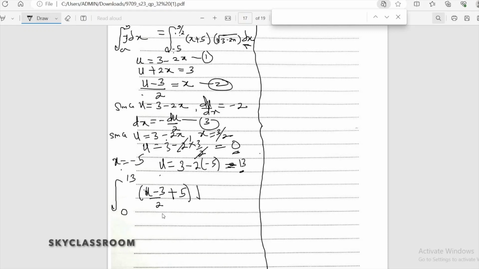Remember, 3 minus 2x is u, multiplied by the dx, which is now minus du over 2. Okay, great. Now remember that the former upper limit at x is now the lower limit at u, and the former lower limit at x is now the upper limit.